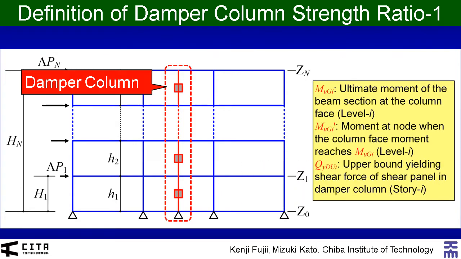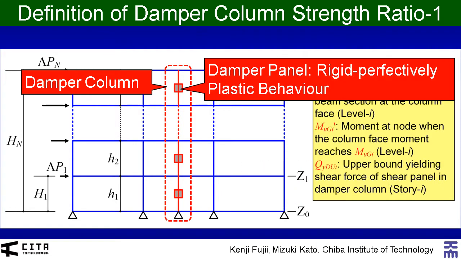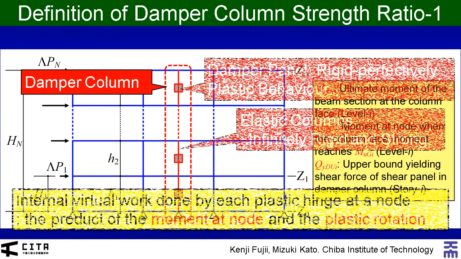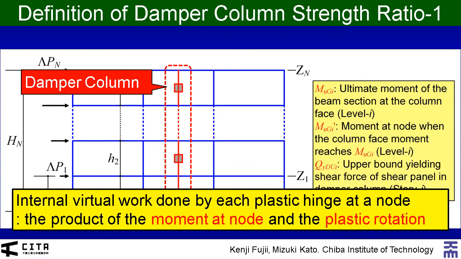Let me move to the damper column. All shear panels undergo rigid perfectly plastic behavior, and all elastic columns are infinitely rigid and strong. In the calculation of the internal virtual work, the work done by each plastic hinge at a node is assumed to be the product of the moment at a node and the plastic rotation.